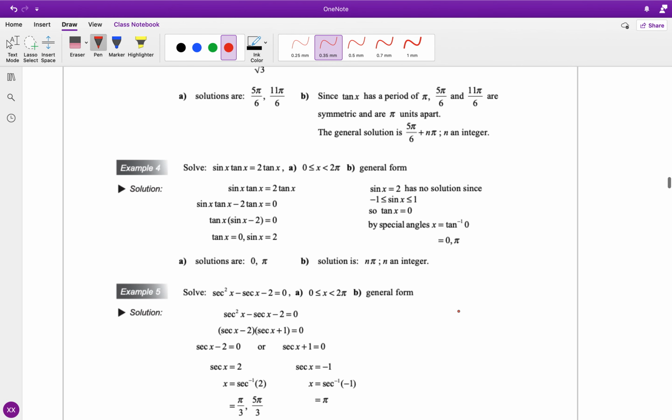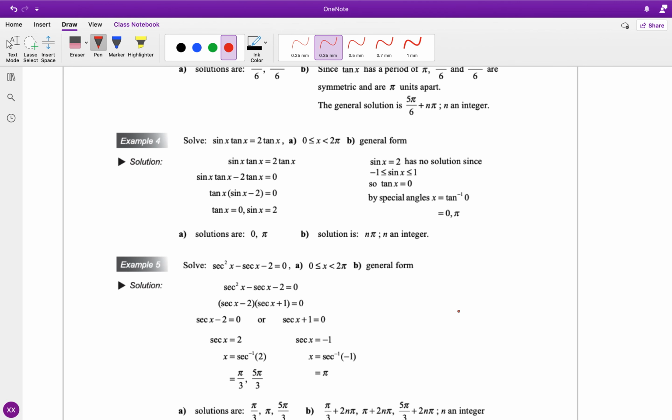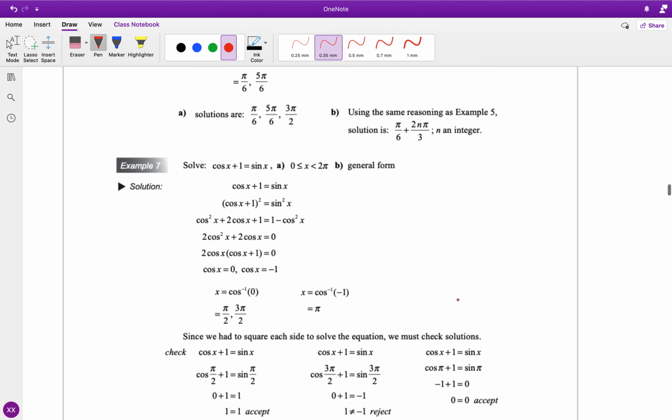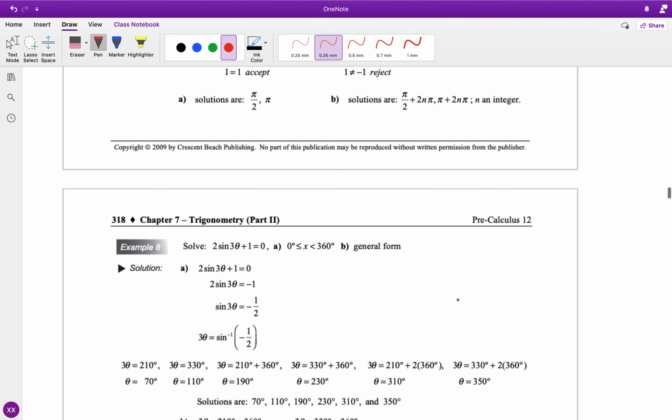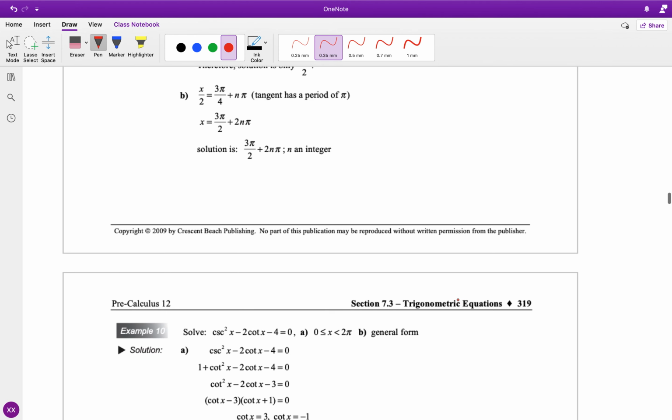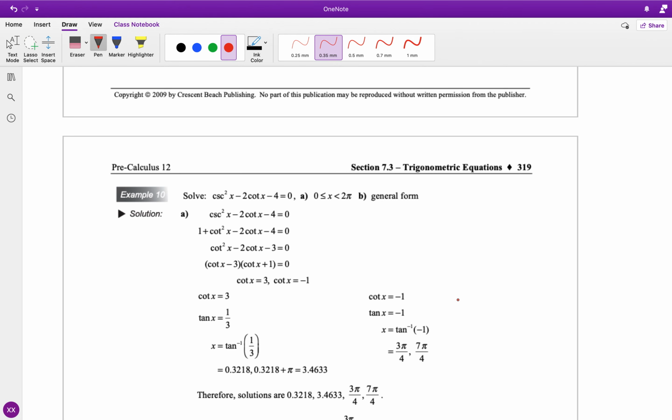Now, for the second one, we're going to use number 10. That shows you need to use a quadratic to solve, so that should not be a problem either. This is cosecant squared, subtract 2 cotangent.